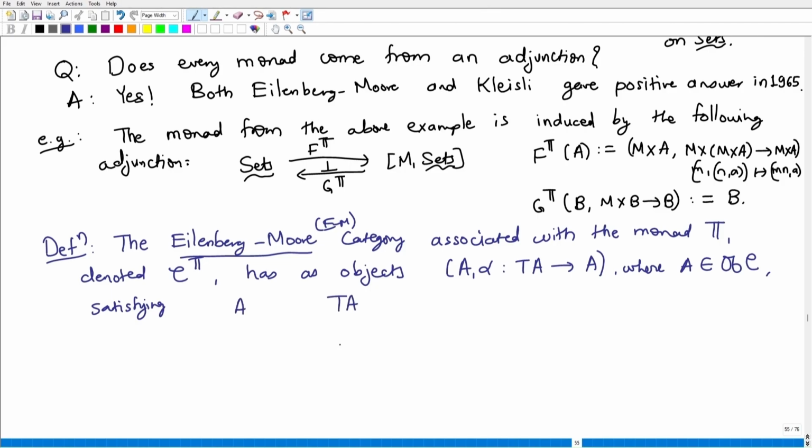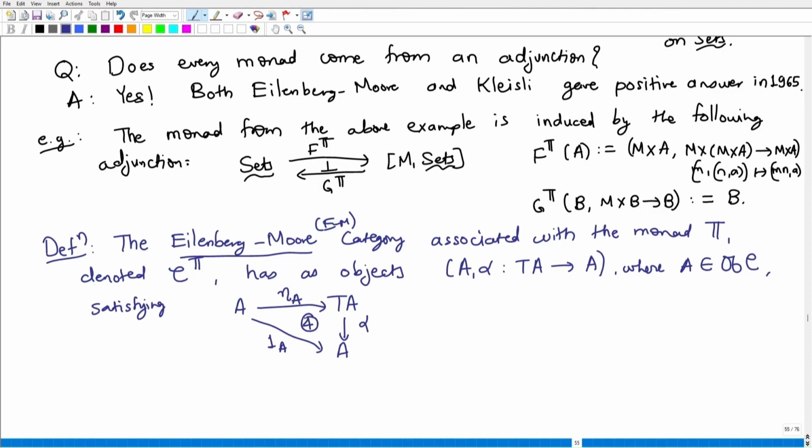A to TA to A. Of course, A to A, what should be the map? Tell me. Identity. TA to A, well, we are given this special data alpha, and A to TA, what should happen? Eta. Eta is already part of the data. Yeah, the monad is given, so T, eta and mu are given.